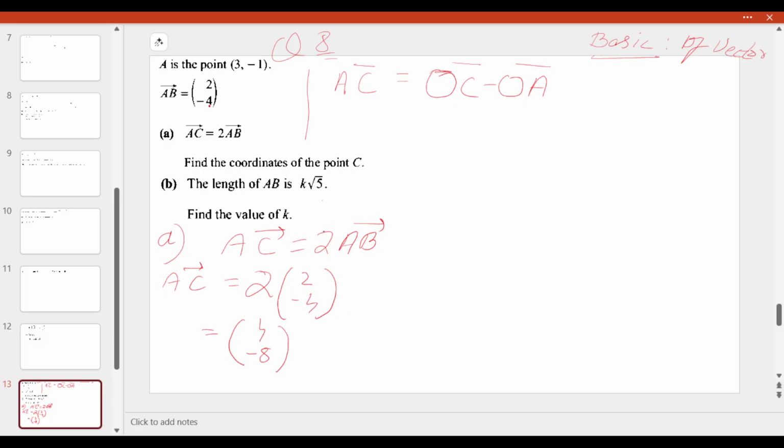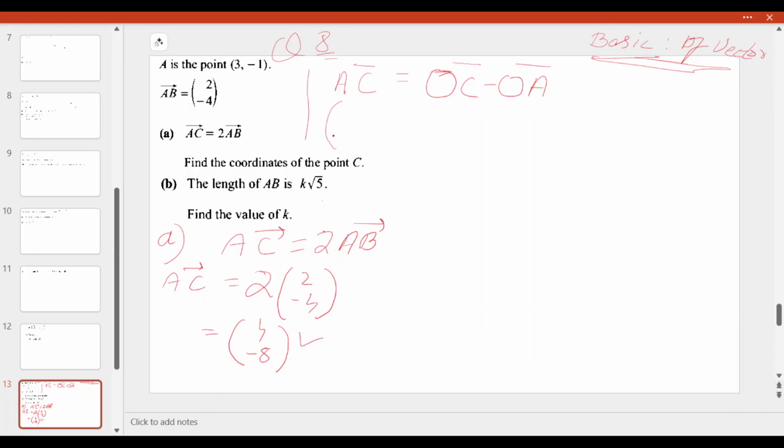So just watch the basics on the vector topic. Here the point A is given, that is (3, -1), and we have to find out vector AC.